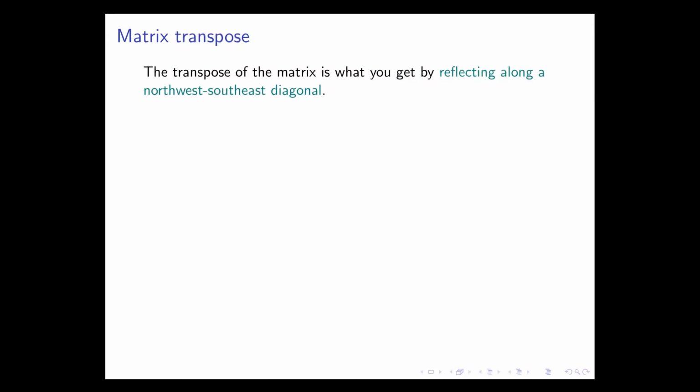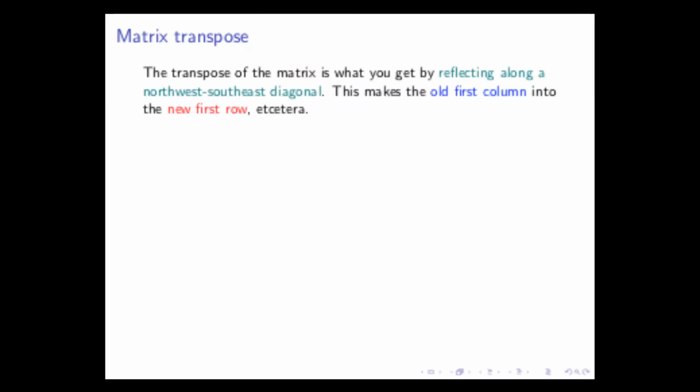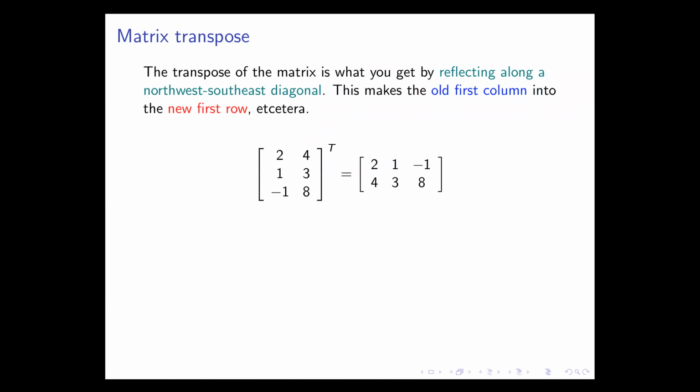An important operation is called transposition. The transpose of a matrix is what you get by reflecting along the northwest-southeast diagonal. Sometimes it's called the main diagonal. It takes the old first column and makes it the new first row, etc. Here's an example.